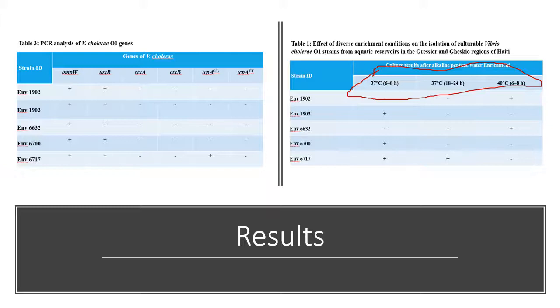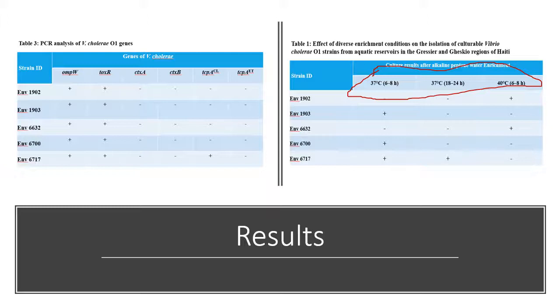When we were able to culture them, we saw that in the first condition, incubating at 37 degrees for 6 to 8 hours, we were able to observe 3 of the 5 O1 serums. We decided to switch the conditions the second time to 37 degrees overnight, and we only observed 1 of the 5 pathogens. But the big change is when we changed it to 40 degrees at 6 to 8 hours, we observed 2 pathogens that we hadn't seen before.